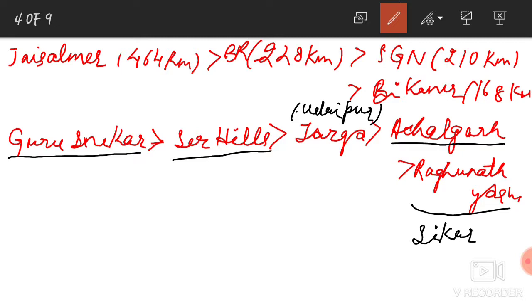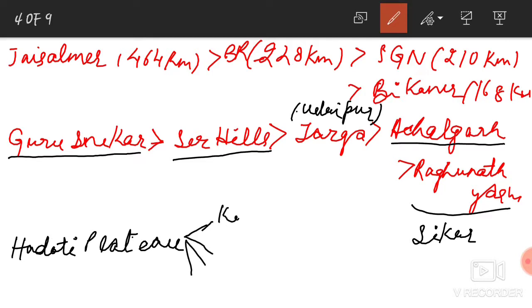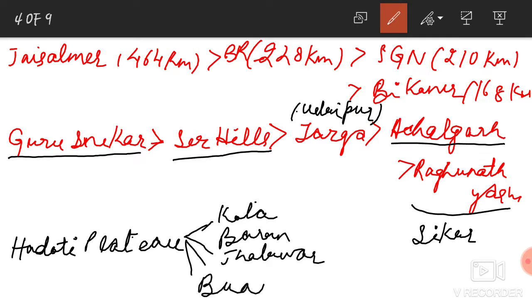Another geographical feature is the Hadauti Plateau. The districts that lie in the Hadauti Plateau comprise four districts: Kota, Bara, Jhalawar, and Bundi. I will explain it on the map also.